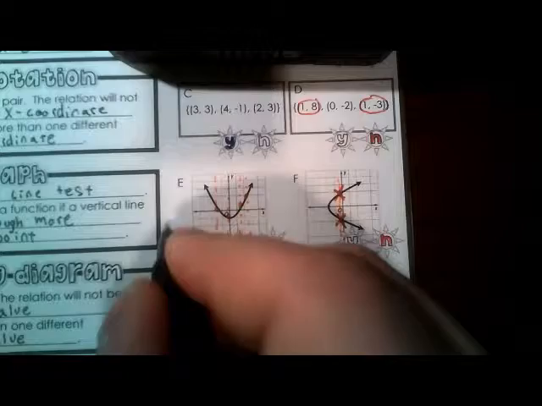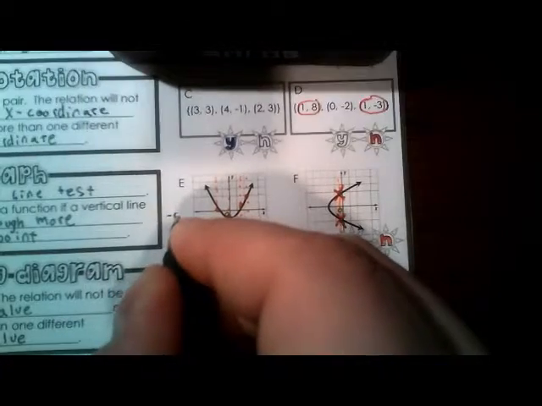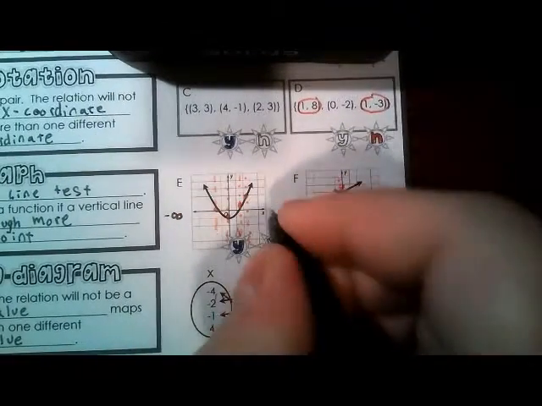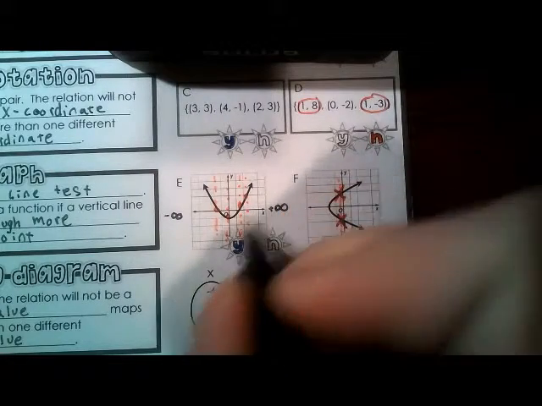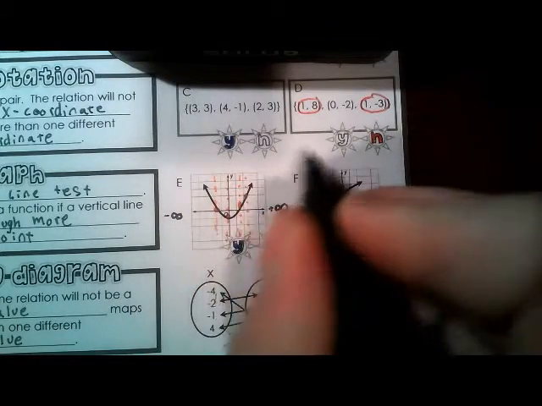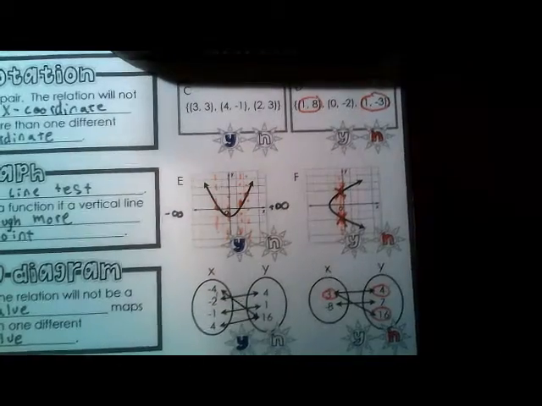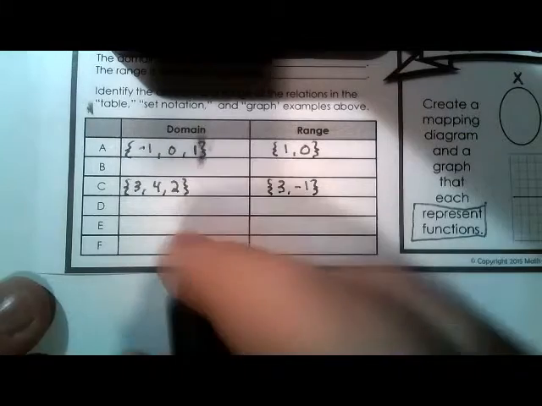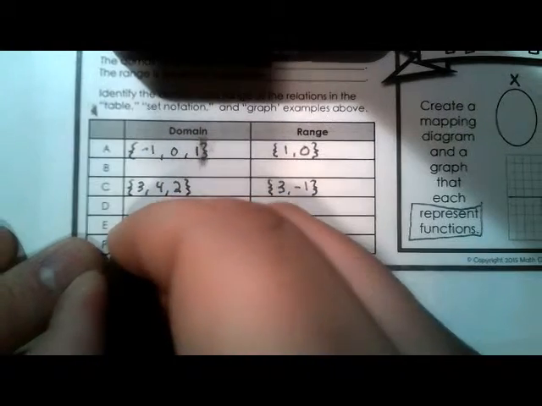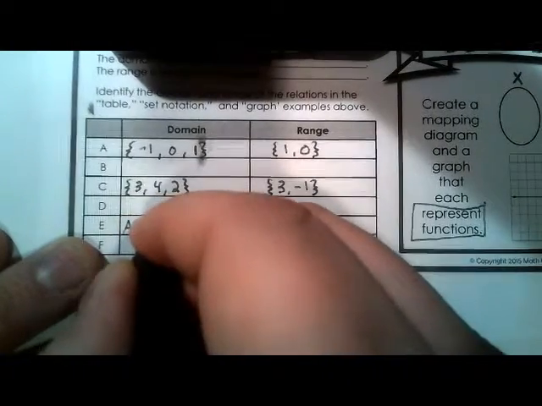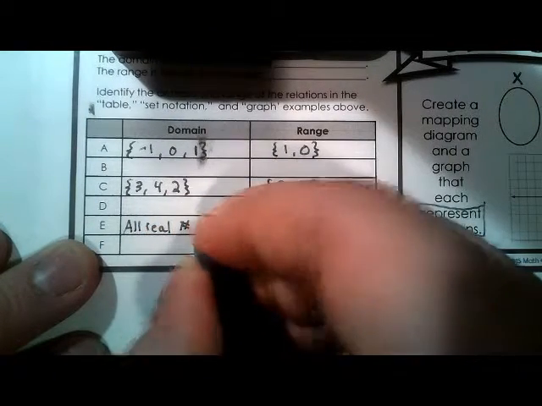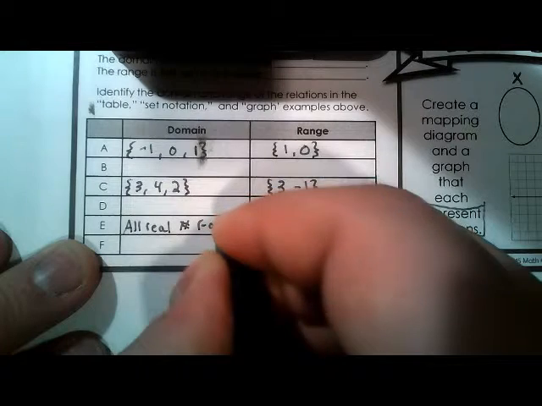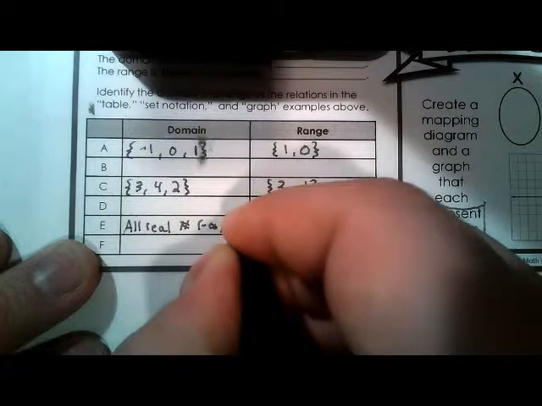It goes from negative infinity to positive infinity, because these arrows are going to keep going and keep going. So when you actually list the domain for E, it's going to be all real numbers. And you can even say negative infinity to positive infinity.